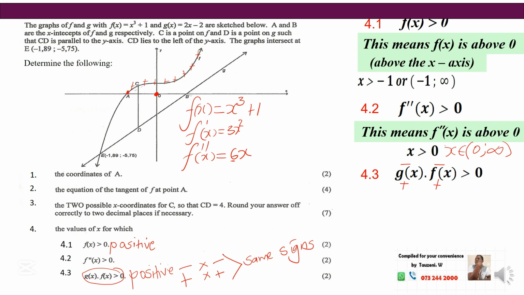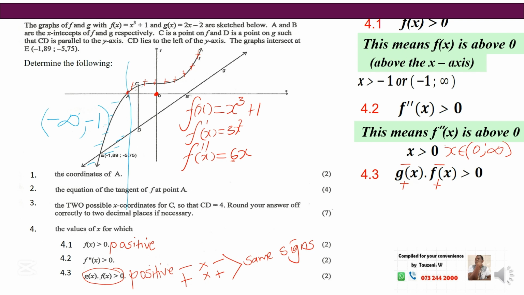Now, if we look at our graphs, from point A going to the left, this is the graph of f, it is negative. This is the graph of g, it is negative. This is from negative infinity up to -1. Within this space, both graphs are negative.